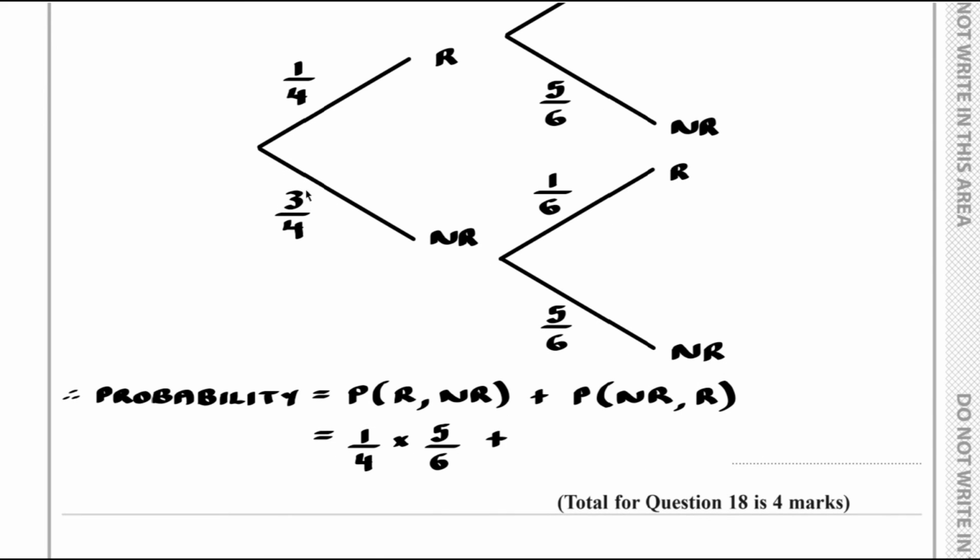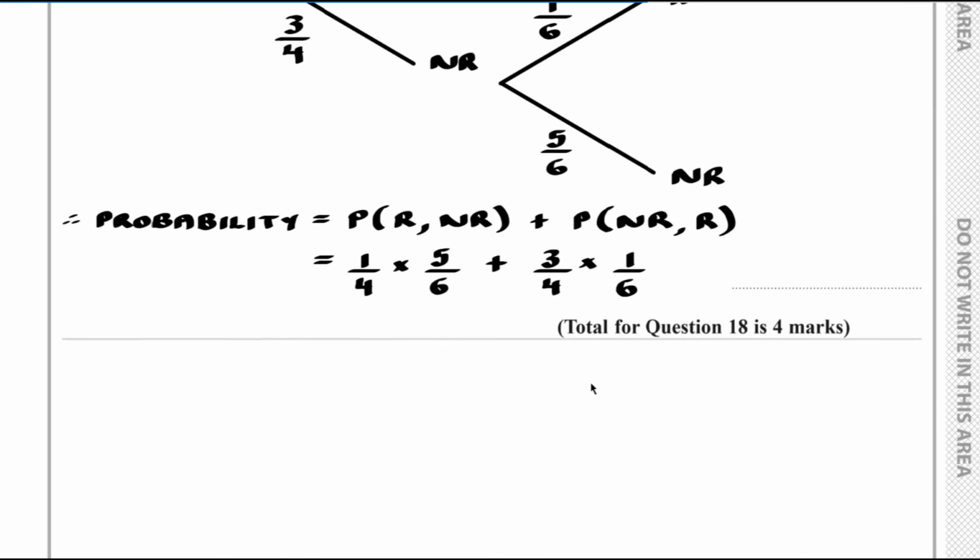Or we could have probability of not red, which is 3/4, multiplied by probability of red, which is 1/6. Now the common denominator over here will be 4 times by 6, which is 24. And for the numerator, we've got 1 multiplied by 5, which is 5, plus 3 multiplied by 1, which is 3. So our required probability is 8/24, which simplifies to 1/3.